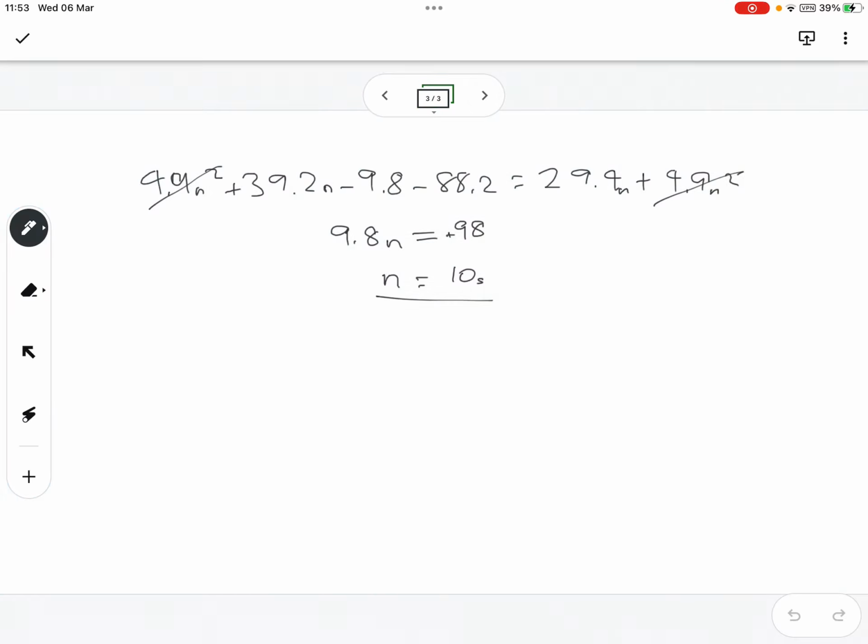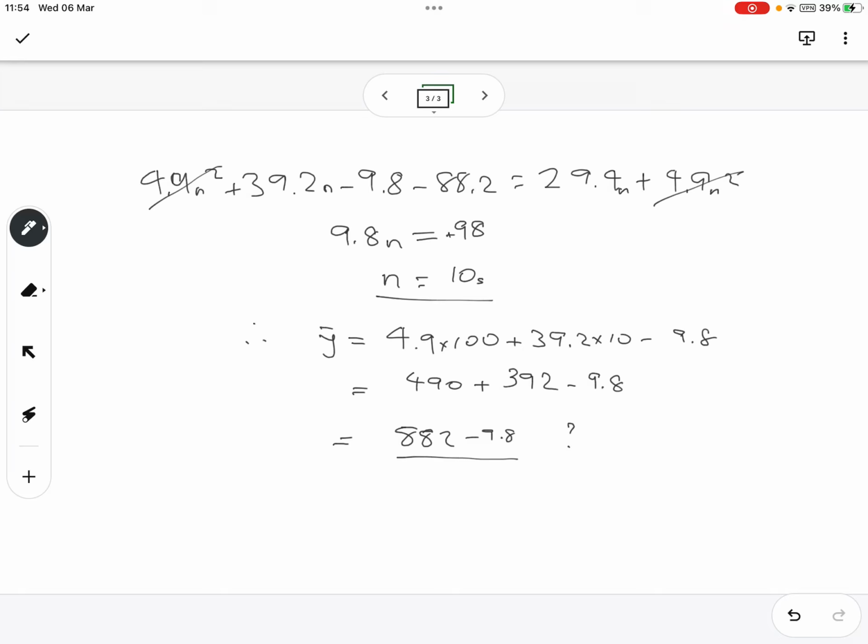So if n equals 10, therefore y bar equals 4.9 times 100 plus 39.2 times 10 minus 9.8. This is 490 plus 392 minus 9.8, that's 782, 882, I think.